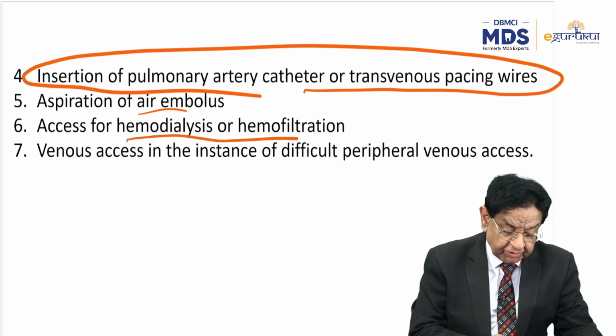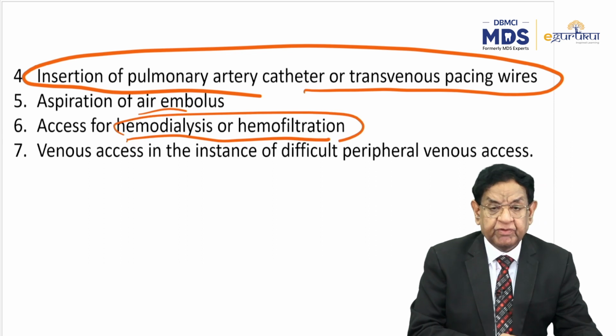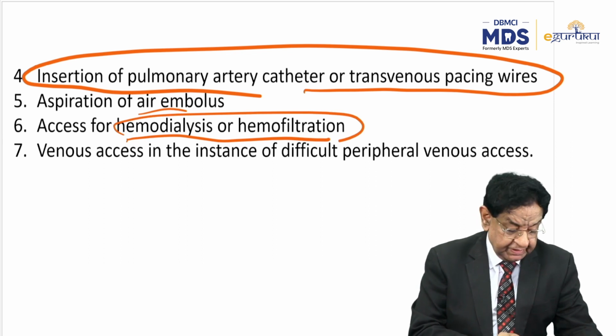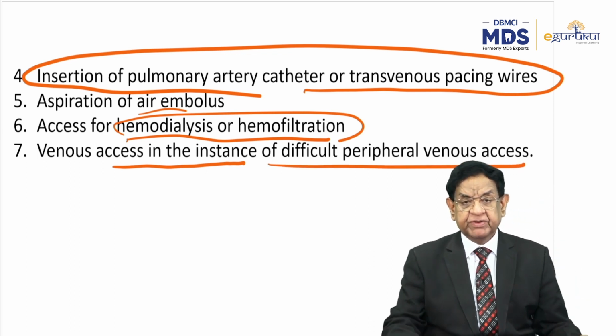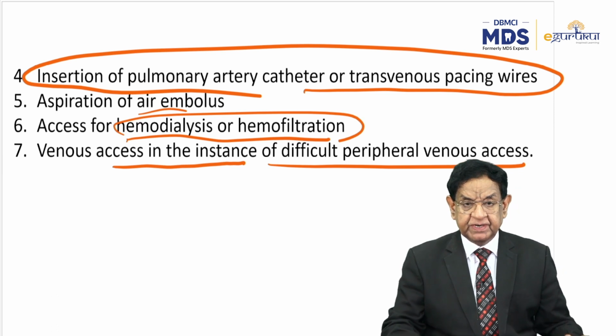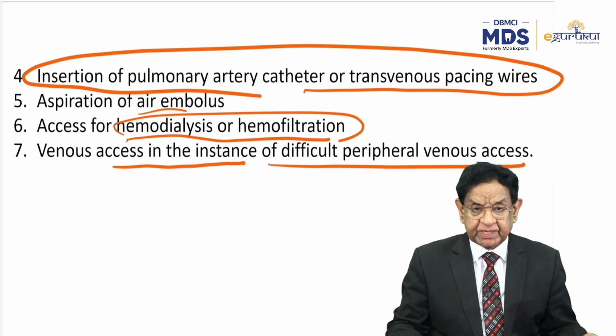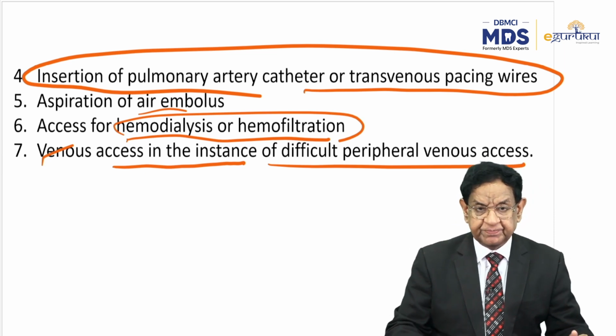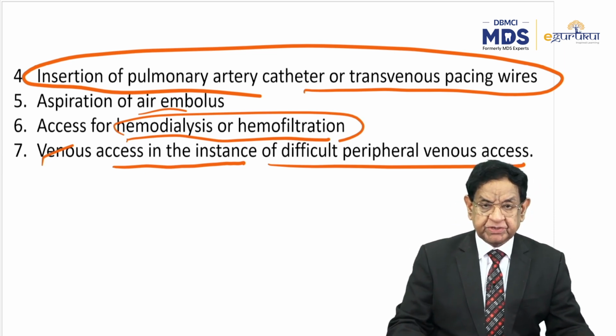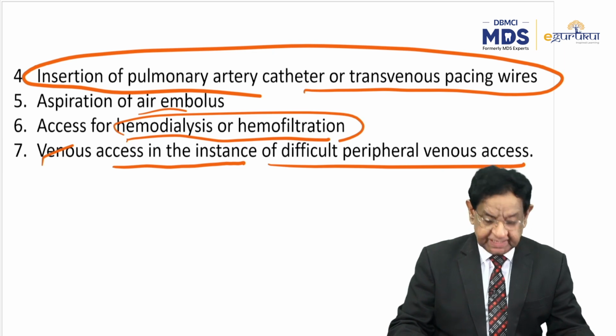Access for hemodialysis or hemofiltration is one more indication. Venous access in the instance of difficult peripheral venous access, when we are not getting any vein in the peripheral tissues, the arms, they are all blocked. Then we can use this as a second alternative. So these are some of the indications for using a central venous catheter.